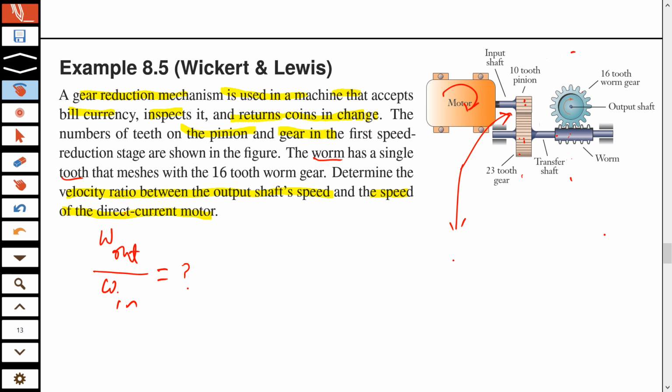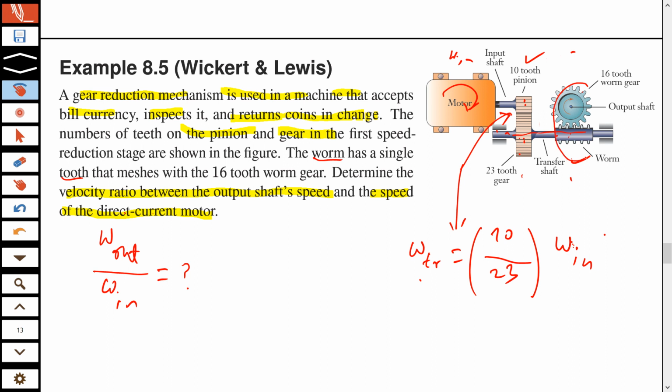So I can write the transformation ratio: the output is omega transfer, the transfer shaft, and the input of this mesh is omega n from the motor side. Between these two I can have a ratio. इस साइड पे रेशो 10 है और इस साइड पे 23. So 10 divided by 23.